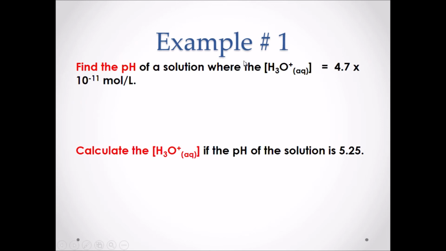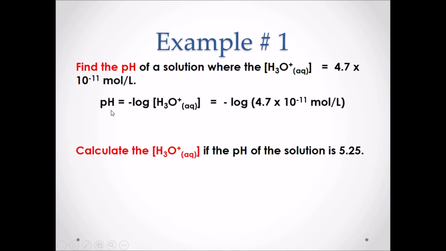Example number 1. Find the pH of a solution where the concentration of H3O+ is 4.7 times 10 to the negative 11th moles per liter. Well, we know pH is equal to the negative log of the concentration of H3O+, which is provided in the question.